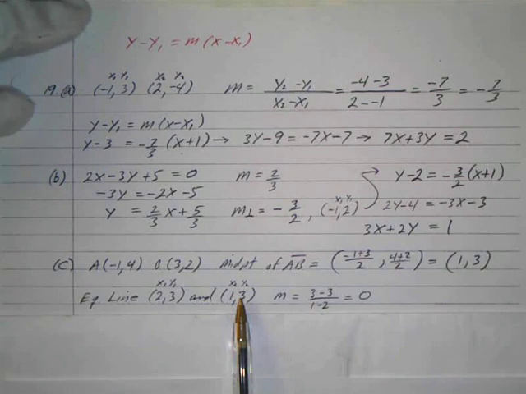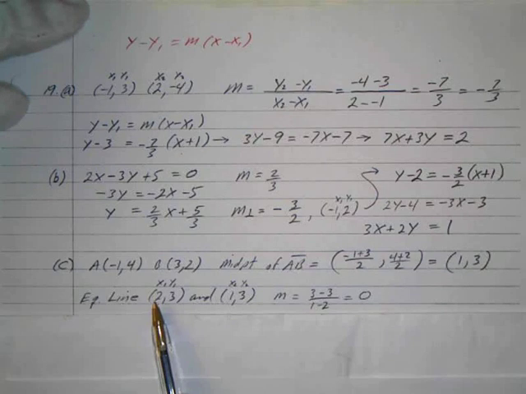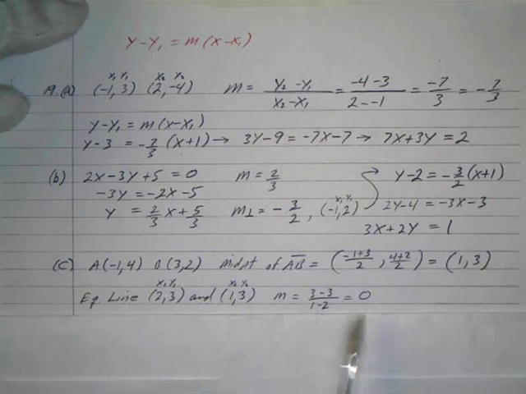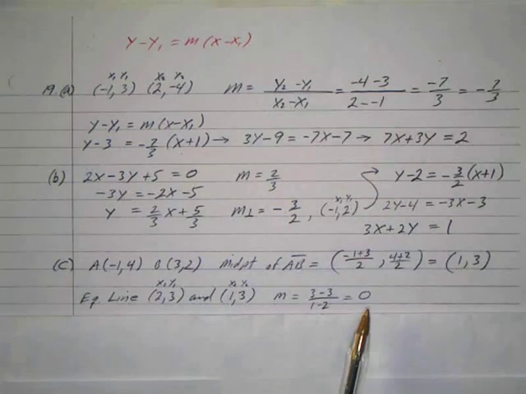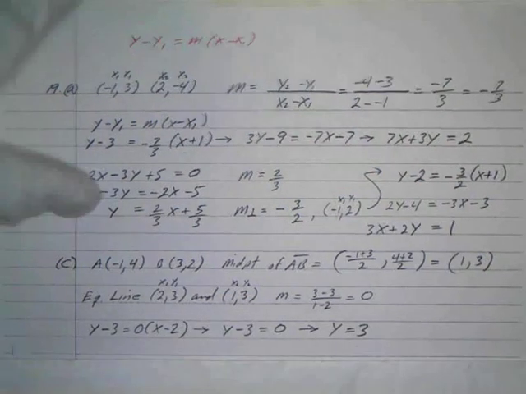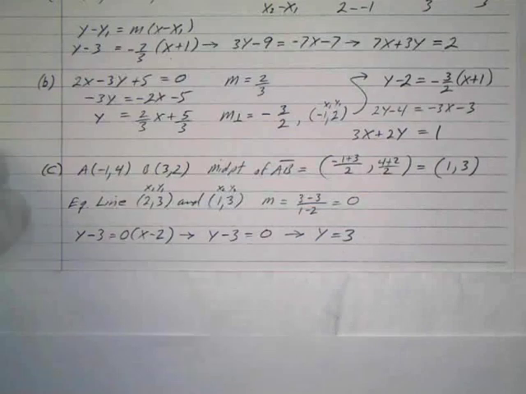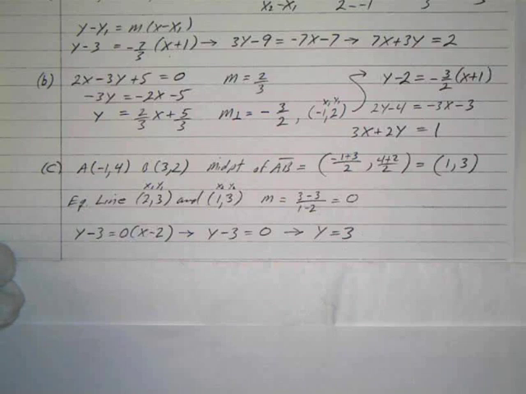Well, again, we need a point and the slope. We've got 2 points, so we need the slope, so we find the slope. And when we take the slope, y2 minus y1 over x2 minus x1, we get 0. Well, if the slope is 0, remember the line is a horizontal line. But that works either way.